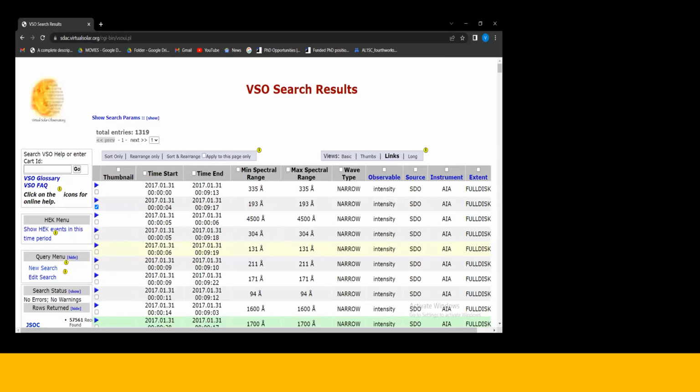Here we selected 193 Angstrom for the wavelength, because in this wavelength the contrast of the coronal holes is much better than in other wavelengths.